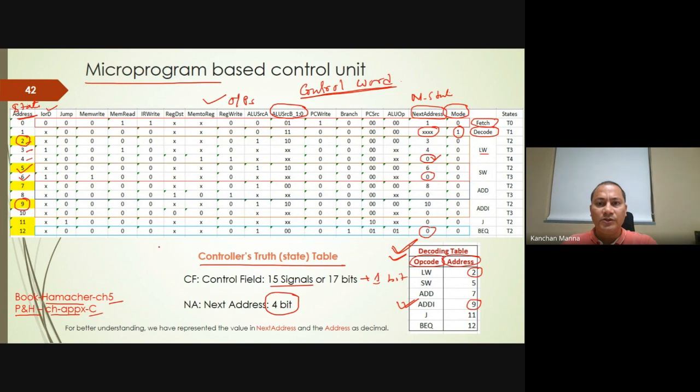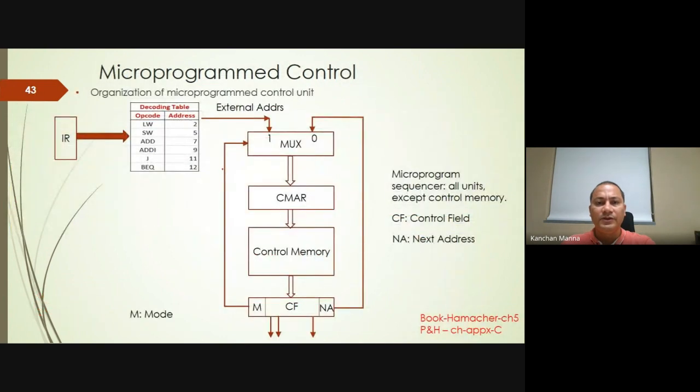Here we have stored the entire truth table in the memory, and we will read those control words based on the address. Now we'll see the architecture of this microprogram based control unit. As it is a memory, it is the control memory.